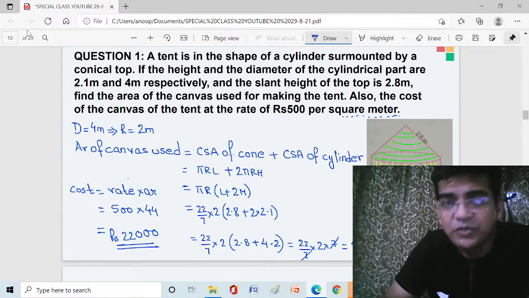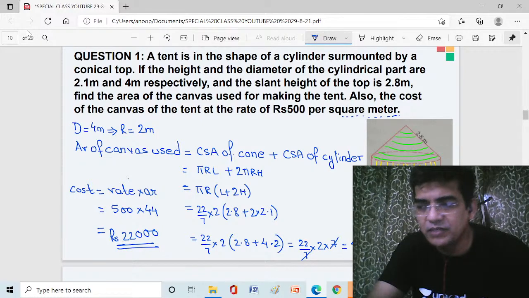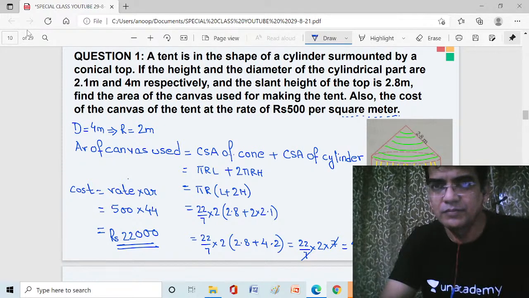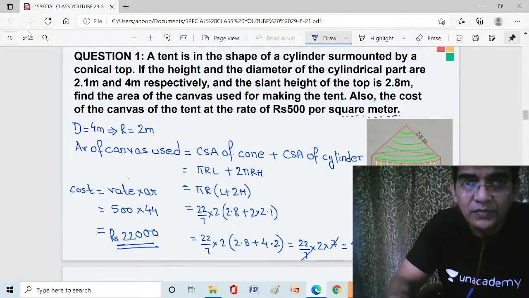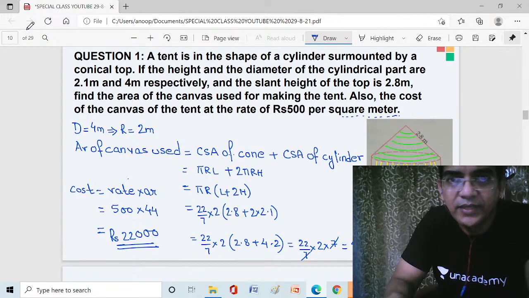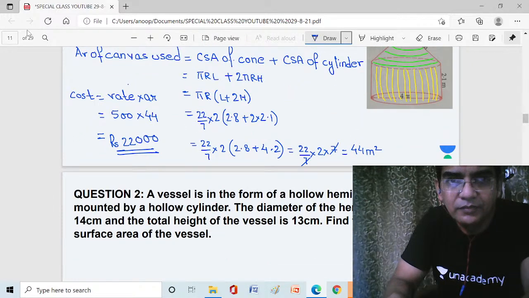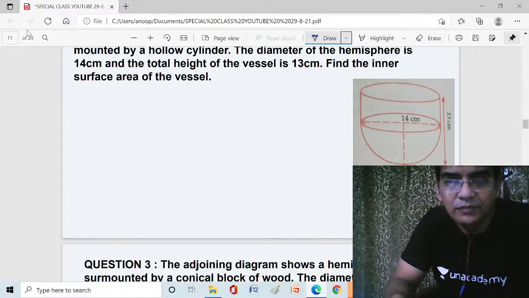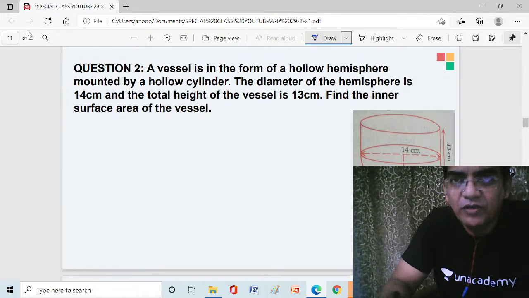Now moving on to the next question. So let's see what's the next question we have. A vessel is in the form of a hollow hemisphere.